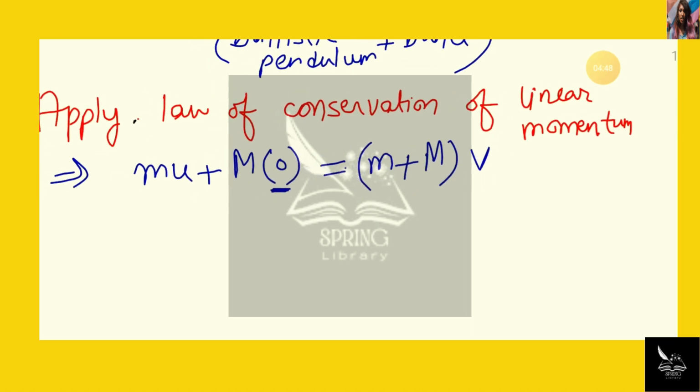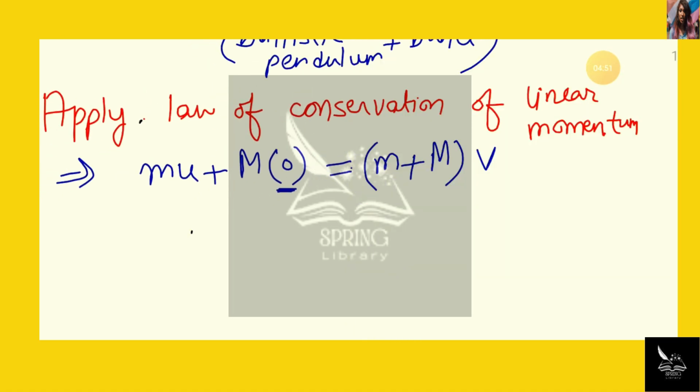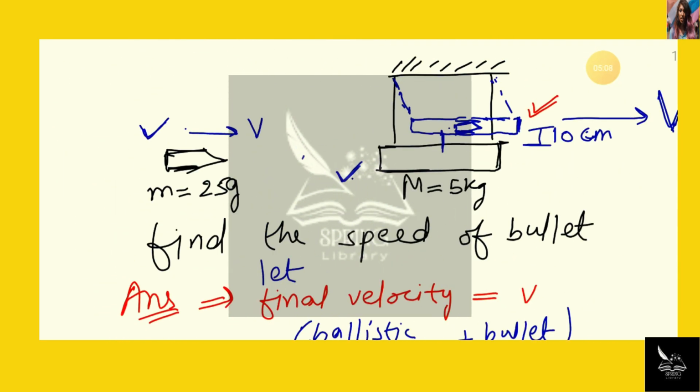Now the next step is to substitute the data, so that I get v in terms of u. Small m is given in the question as 25 gram, or in kg, 0.025 kg.